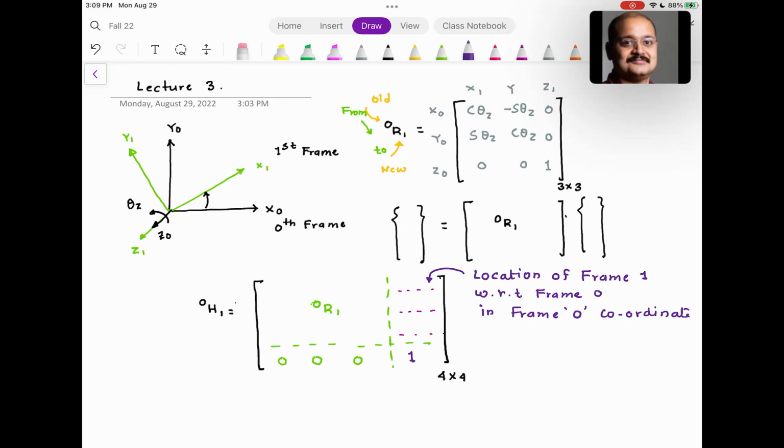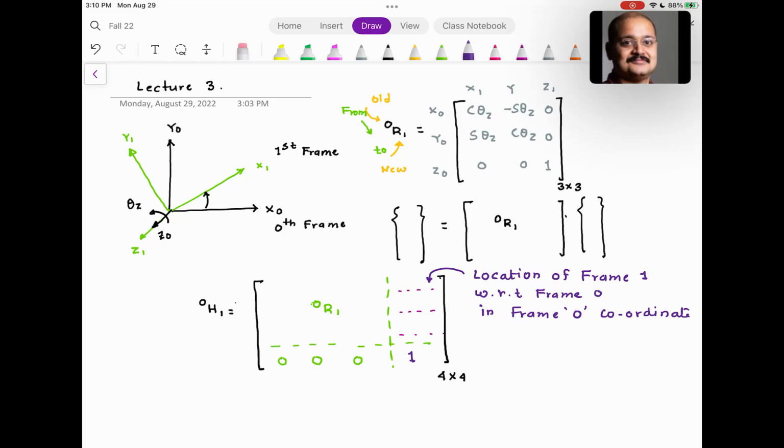I'm not going to derive homogeneous transformations the way they are derived in robotics textbooks. But what I'm going to say is a homogeneous transformation is a 4x4 matrix that includes the rotation information between the frames and the translation information between the frames. In this particular case, please understand there is no translation.